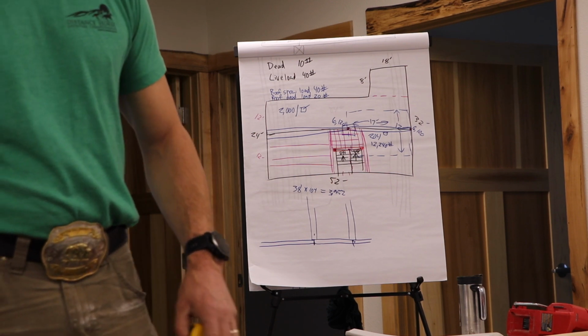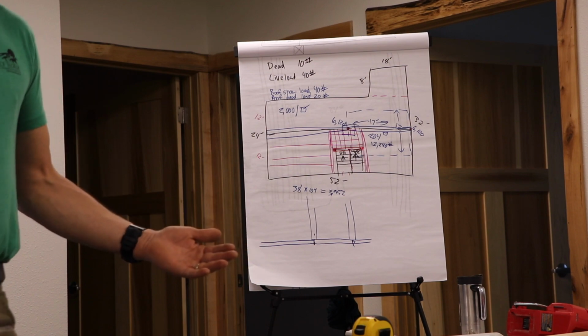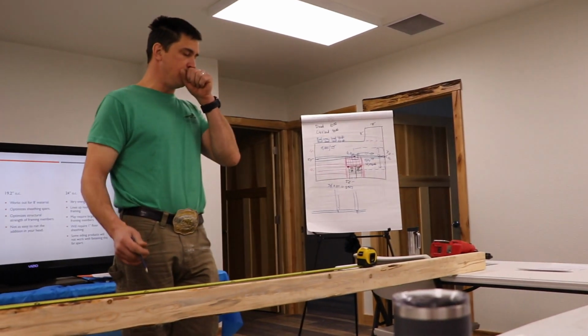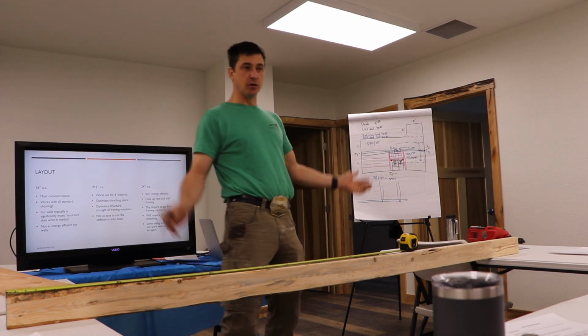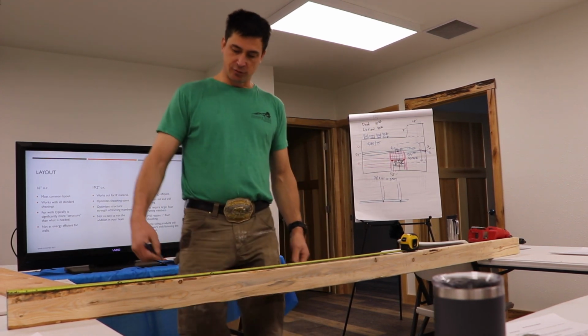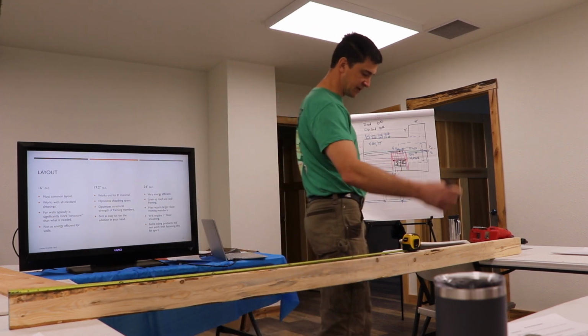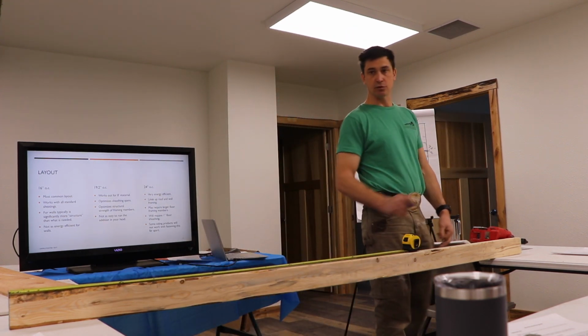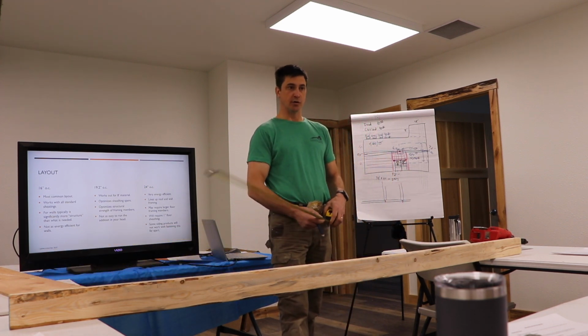So theoretically, on any job where we're using multiple plates, you could lay all of them out and mark them all out by starting at 15 1/4, 31 1/4, 47 1/4, 63 1/4, and so on. Okay? And your layout will work out.